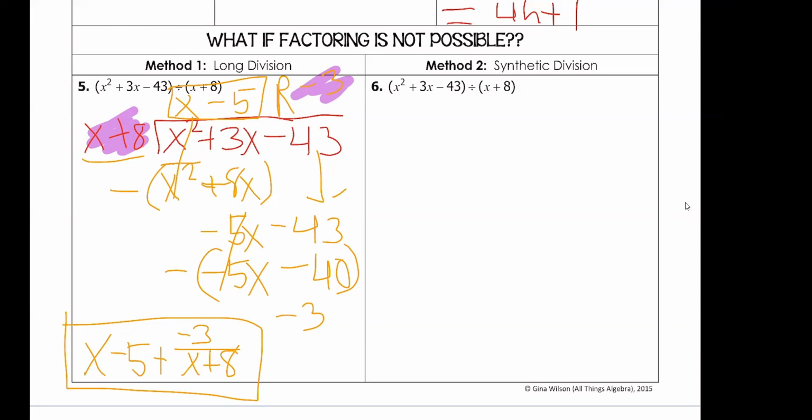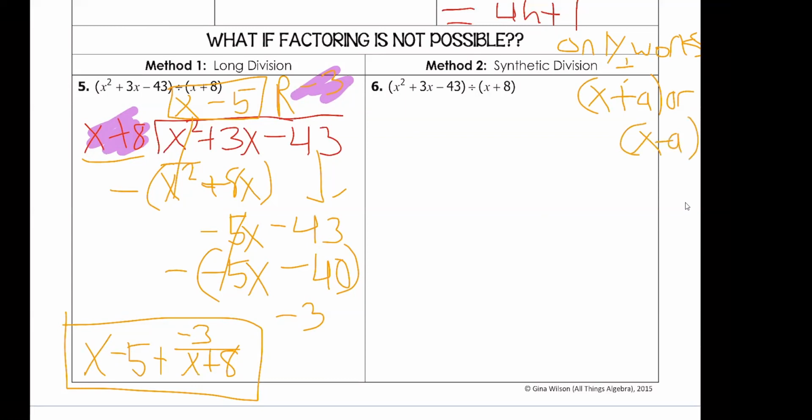Our second method, synthetic division, only works if you're dividing by x plus a number, like x plus 2, x plus 3, or x minus a.